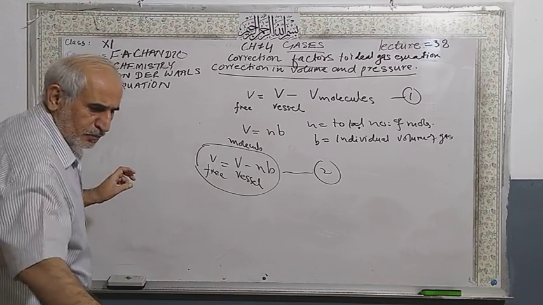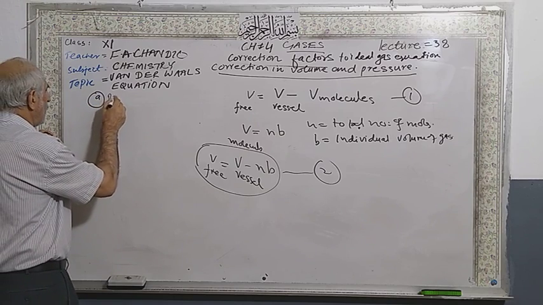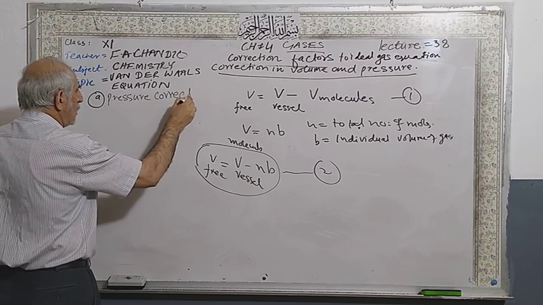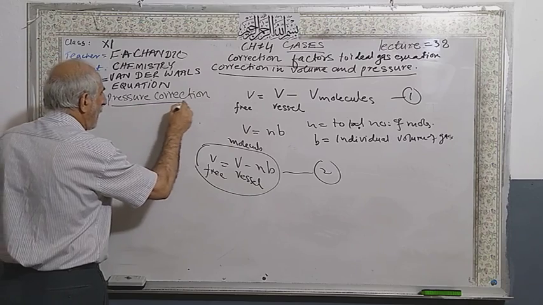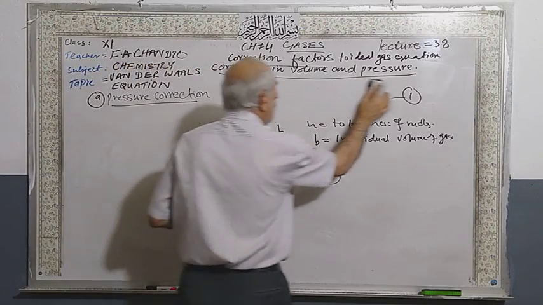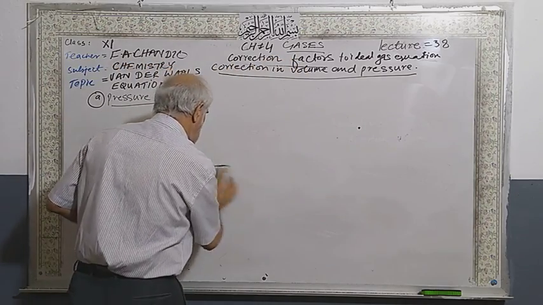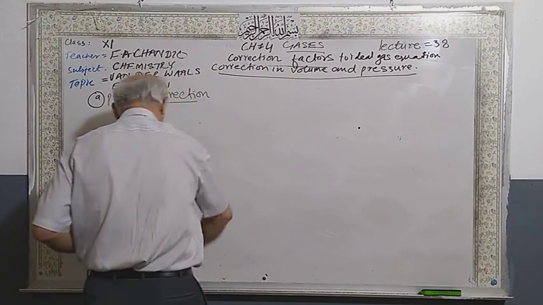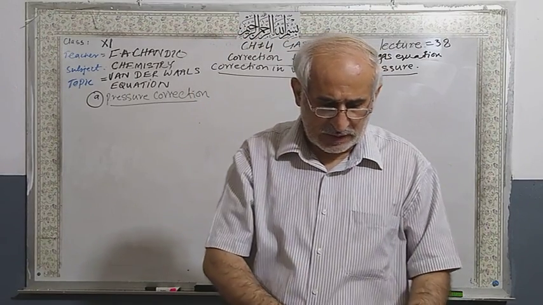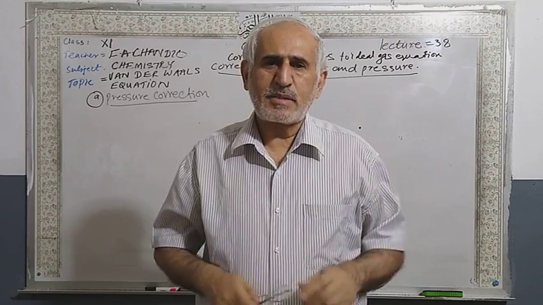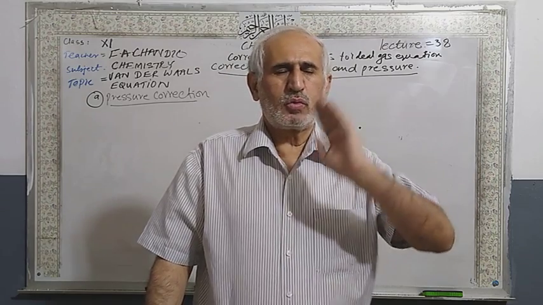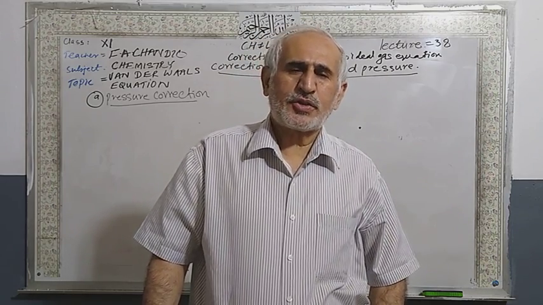Number two is the pressure correction. So dear students, in the pressure correction, I told you that when a gas mixture or one gas is present in a closed container, it moves in a straight direction.